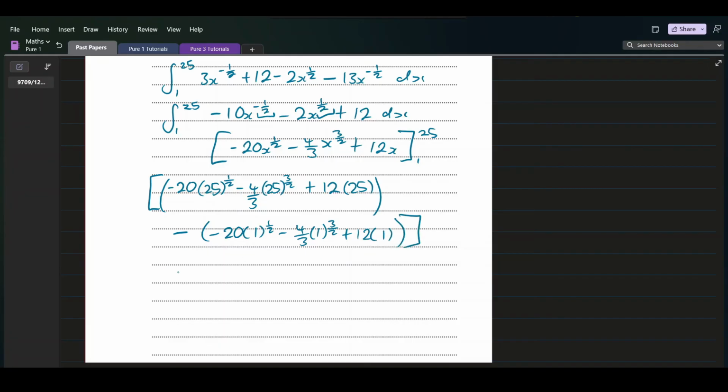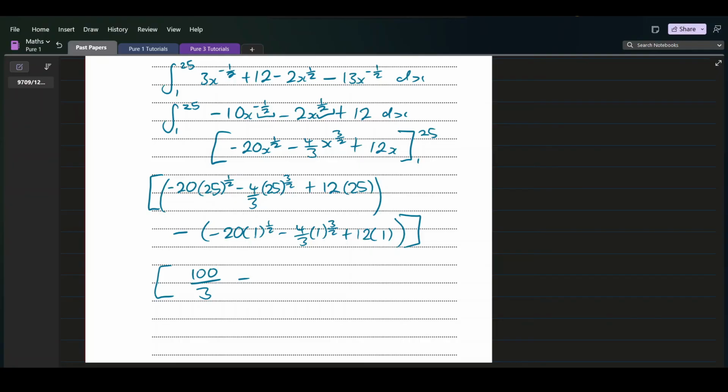We'll close this bracket. Let's simplify the first bracket. If you punch that into your calculator, you get negative 20 times 25 to the power half minus 4 over 3 times 25 to the power 3 over 2, plus 12 times 25, so that gives us 100 over 3 minus, let's substitute x with 1.